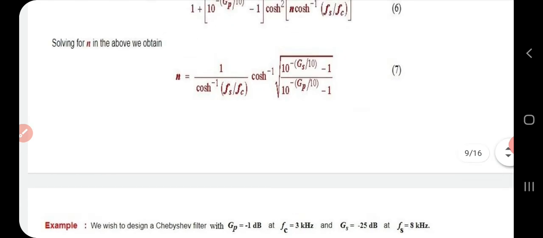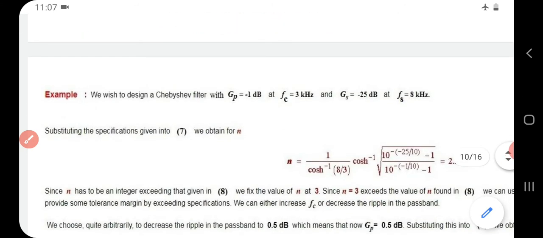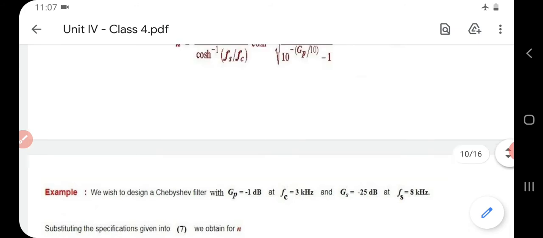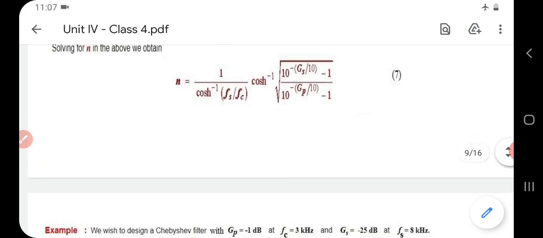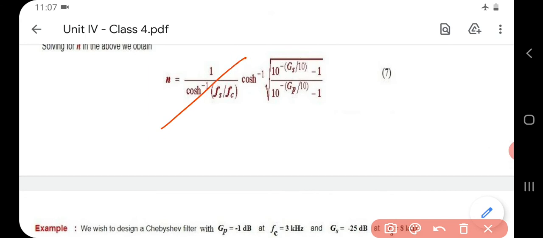Now based on this formula, there is an example problem. No need of studying this problem, I am just specifying how, if a question is like this, we will find the order of the filter. So that's why I told this expression for the order is important. You have to write and study this expression.